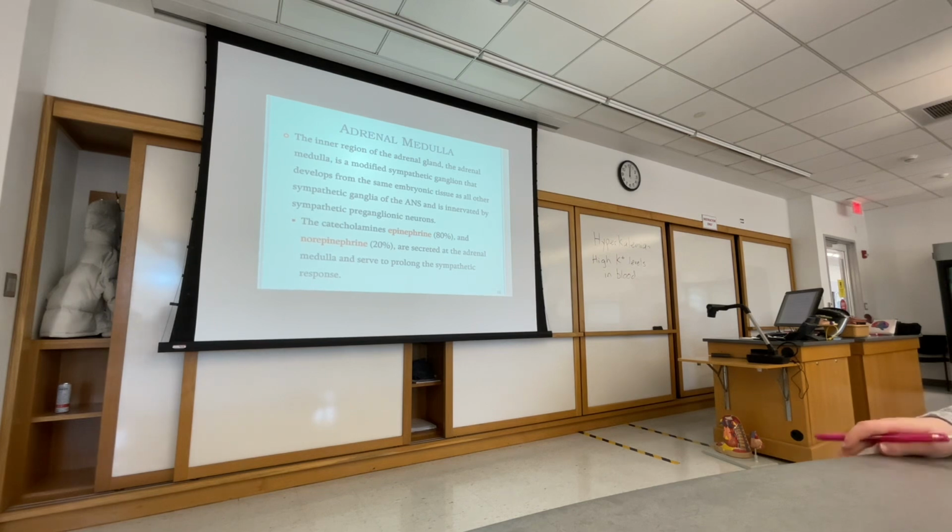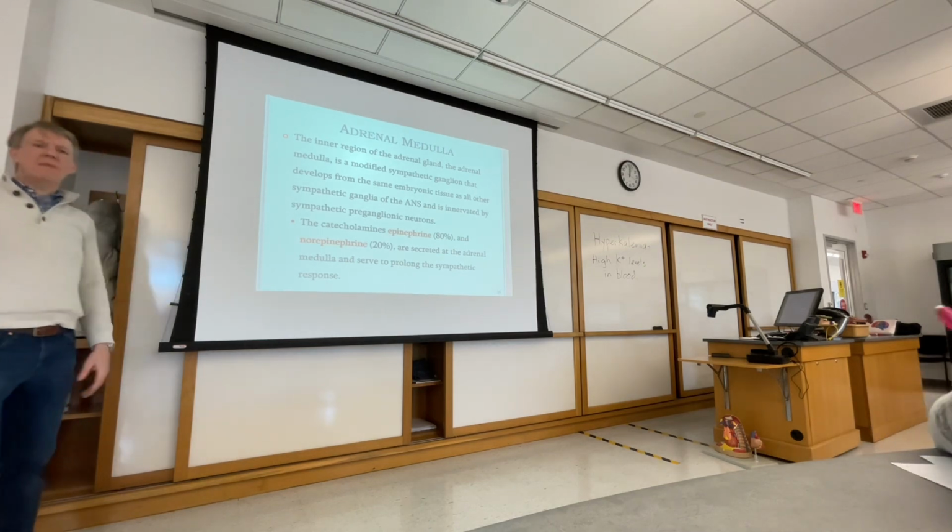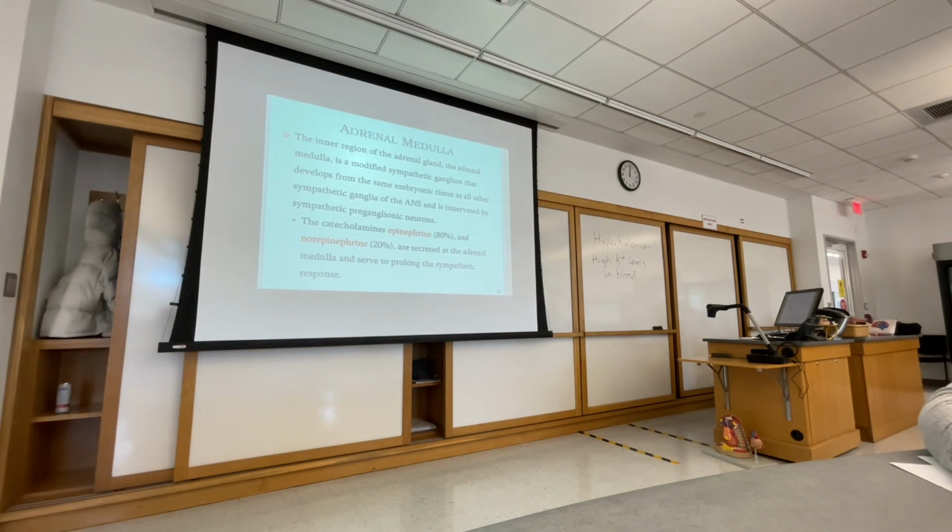But instead of having it stimulate some effector, those chemicals are being released into your blood. And those two chemicals are epinephrine and norepinephrine. As I mentioned before, their purpose is to prolong the sympathetic response, right? Just because that bear is shot dead doesn't mean you suddenly stop freaking out, right?